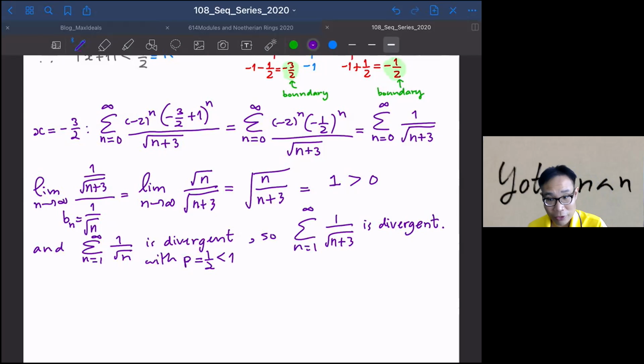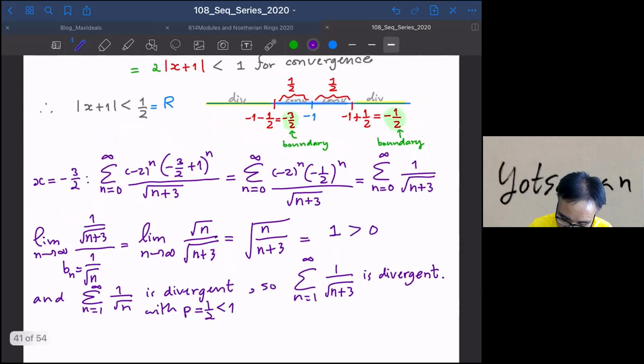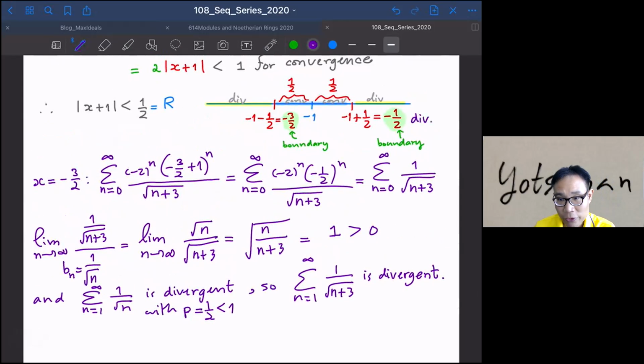That is the way that we conclude that it turned out to be divergent at that point. So it's divergent at negative 3/2.